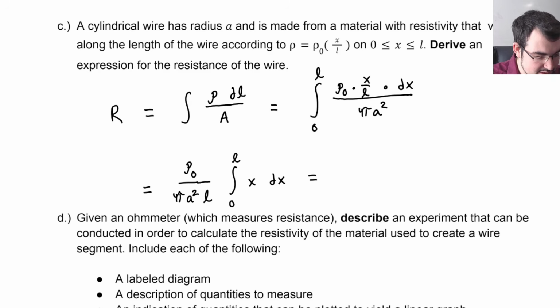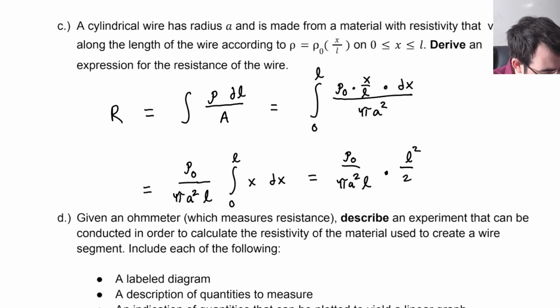That's a pretty standard integral. That'll just be L squared over 2. So we get rho 0 over pi a squared L times quantity L squared over 2. One of the L's cancels, so I just get 1/2 rho 0 L over pi a squared.